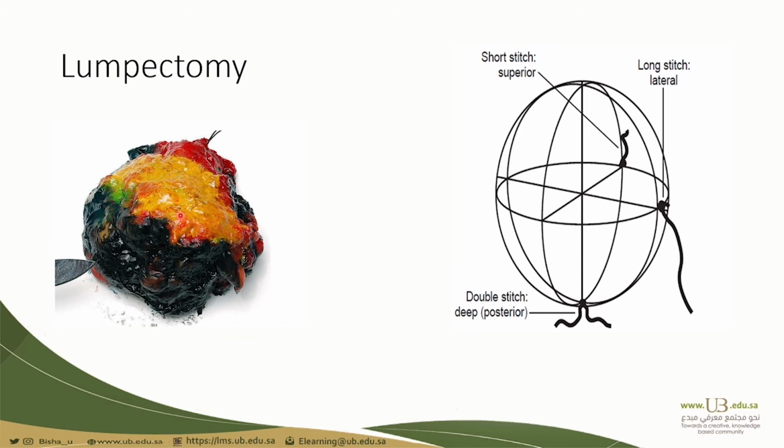So for example, if this area is the area where you put the single short stitch superior, and the histopathologist finds that it is without a free margin, you'll go back to the patient only to the superior area of the cavity of the lump to take the margin to make it free.